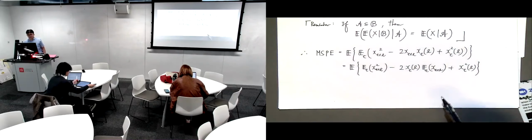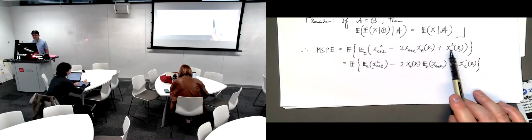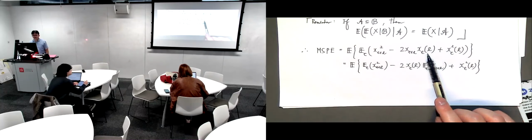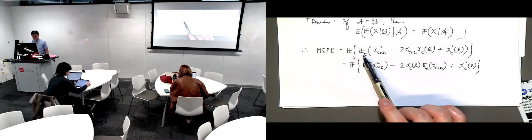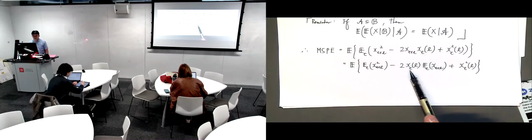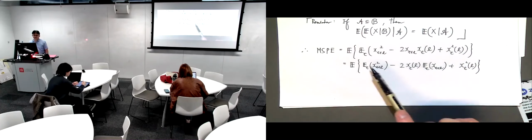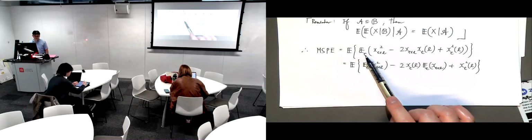How can we simplify like this? Well, X_t bracket L is contained in the information up to time t. So relative to information up to time t, X_t bracket L is a constant, so we can take it out like a constant. Same here, X_t bracket L all squared is a constant relative to this E sub t.